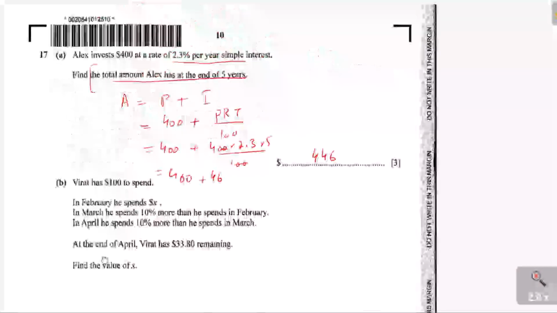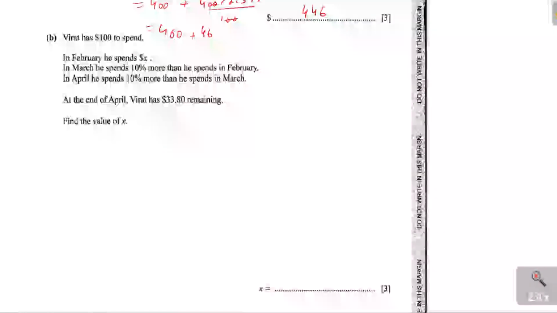Question number 17, part B. Virat has $100 to spend. In February, he spent x dollars. In March, he spent 10% more than he spent in February. And in April, 10% more than he spent in March. Look here, the total amount here is $100.